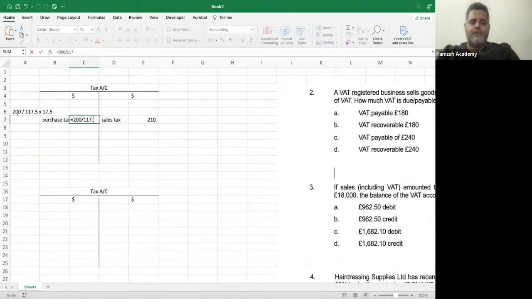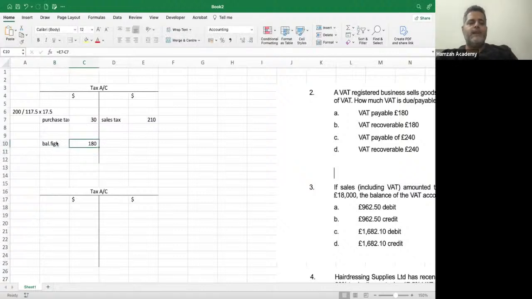So 200 by 117.5 into 17.5, we get 30 over here. Now, the balancing figure is going to be on this side. So 210 minus 30, we get 180.